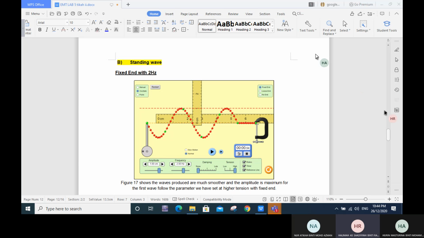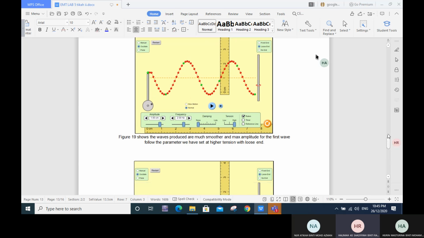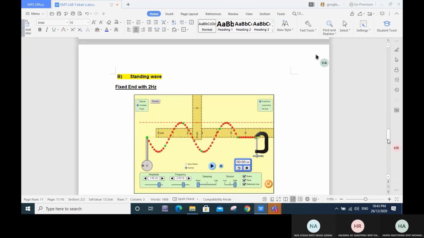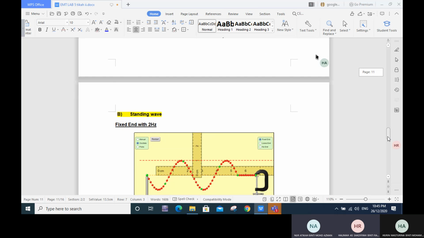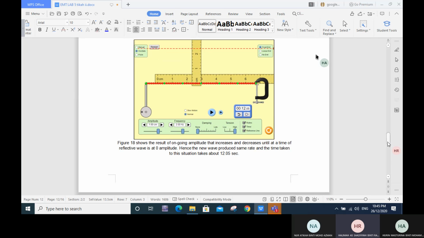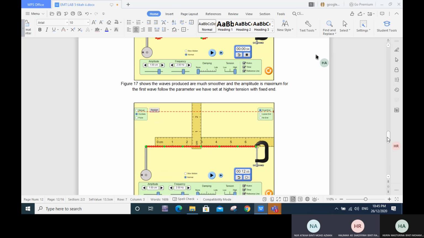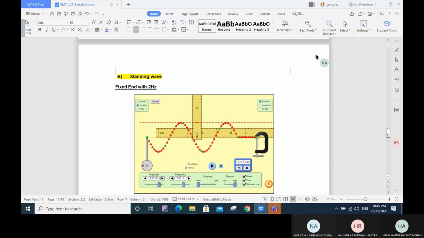As for the standing wave, we know that a standing wave is a wave which oscillates in time, but the peak amplitude is not moving in space.